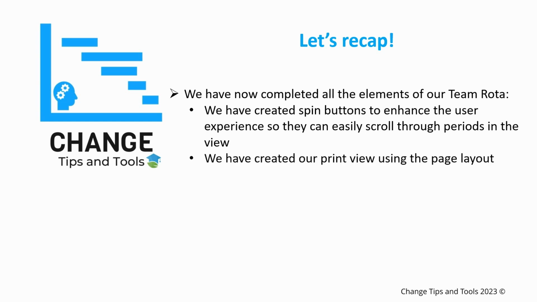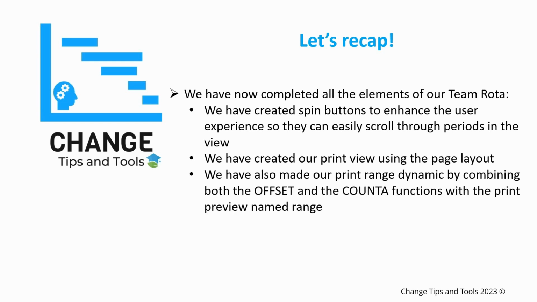We have created a print preview so they can print out this team rota view, and it's got some useful information. It's got a meaningful title, we know what the source is, and also how many pages are in that rota view. We've also made sure we've got a key so people know what the data means, and that the column headings and the row headings repeat over multiple pages.